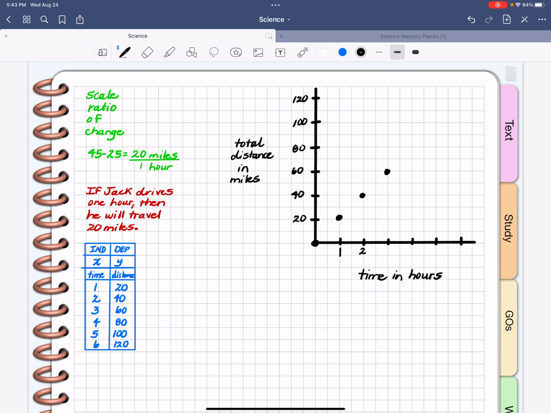And that will continue as long as I want to sit here and do that. So it'll continue on to infinity, technically. As long as Jack wants to drive, that pattern will continue. And that is a positive slope, so it's not the one that we're looking for. E is a positive slope.